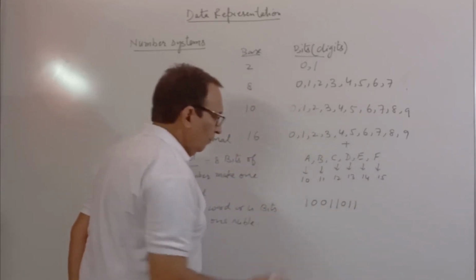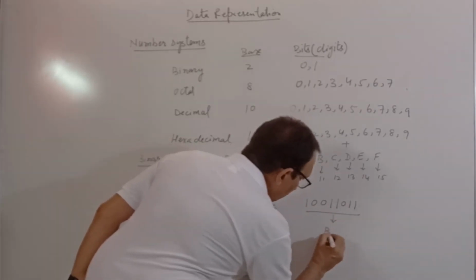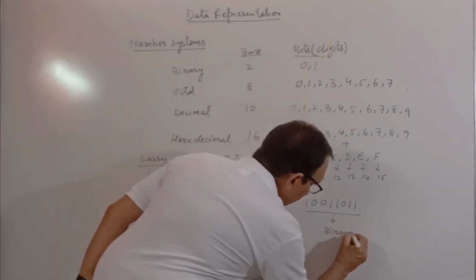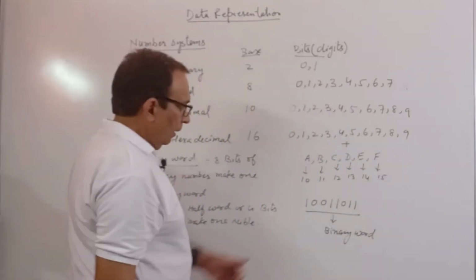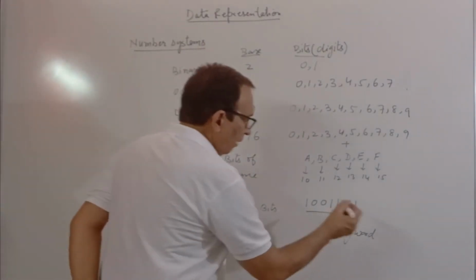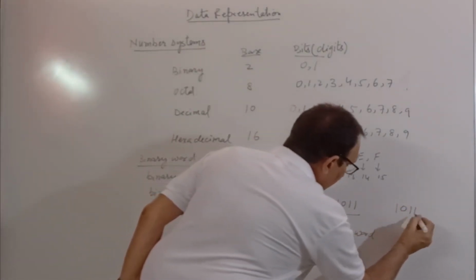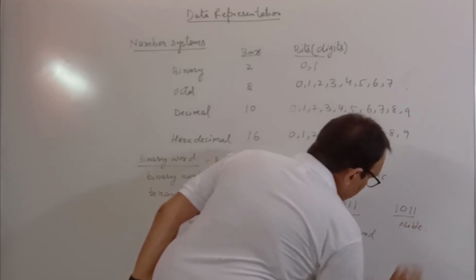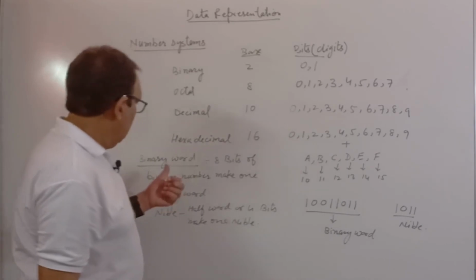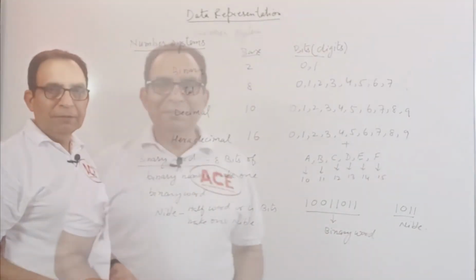This is a binary word. 4 bits of this one, example 1011, this is a nibble. I hope the definition of binary word and nibble is clear to you.